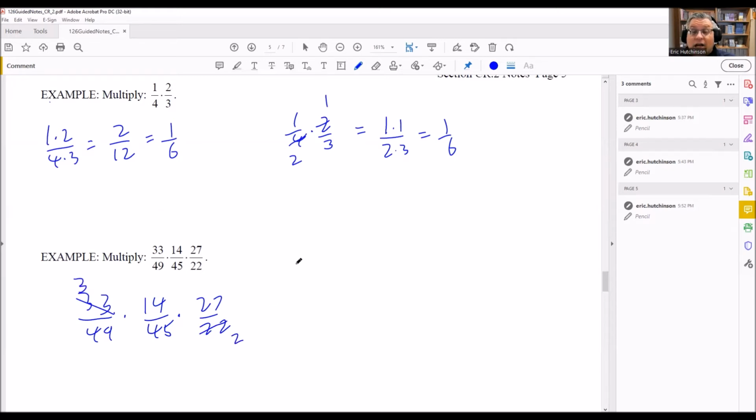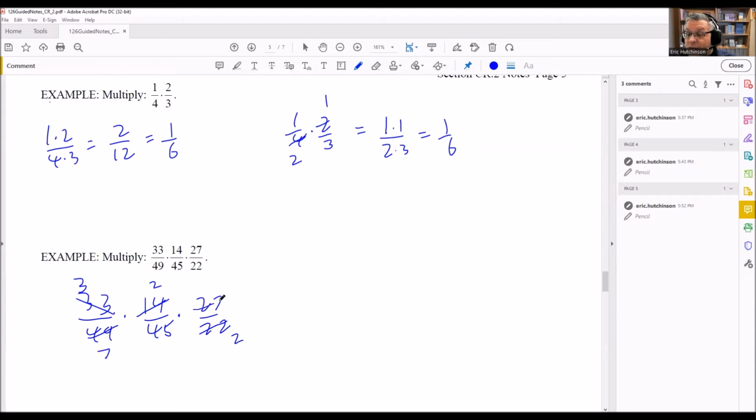All right. So now I want to look at other things. 14 and 49. Both of those, a 7 divides in evenly. So I'm going to divide 14 by 7, and I get a 2. Divide 49 by 7, and I get a 7. Now let's look at these last two, 45 and 27. 9 would be the largest number that divides into both of these evenly.